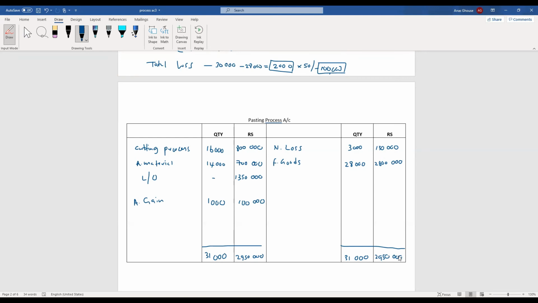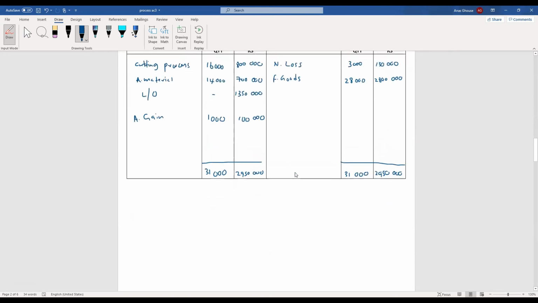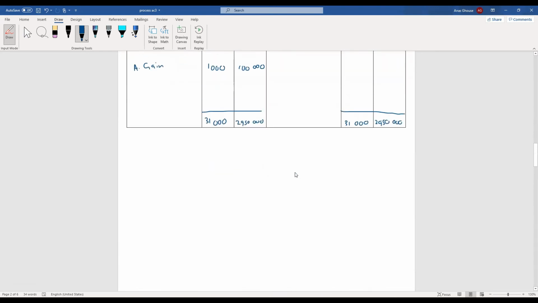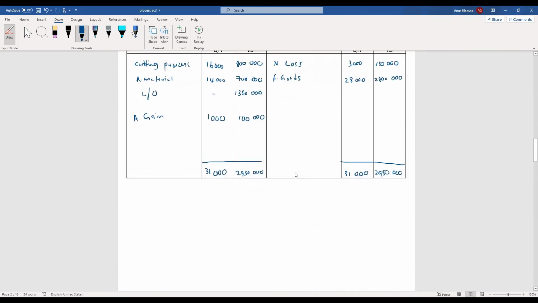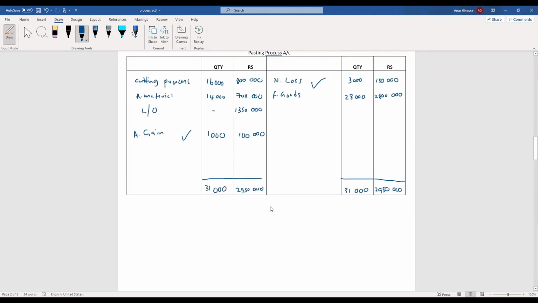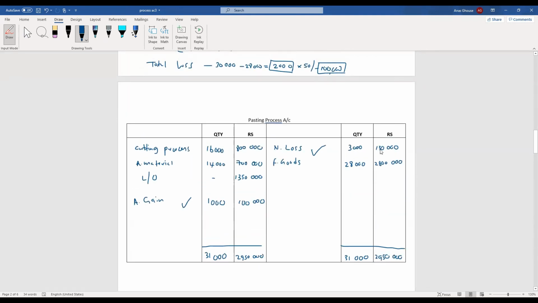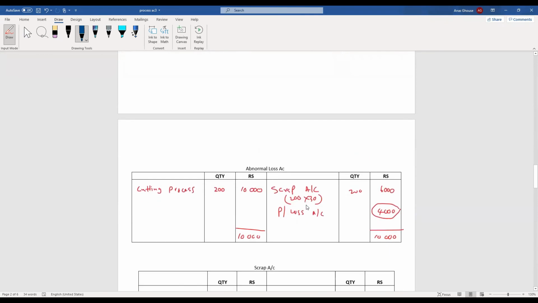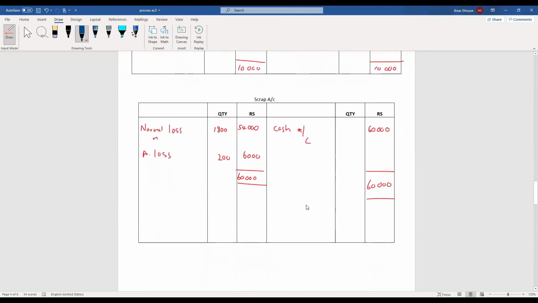Now let's prepare the scrap account. We will transfer these amounts to the scrap account. This has to be transferred to the scrap account, and this has to be to the abnormal gain account. So scrap account should be 150,000 from the pasting process.